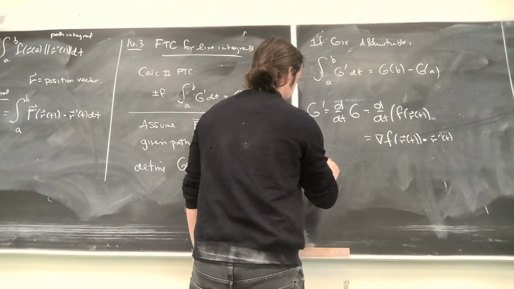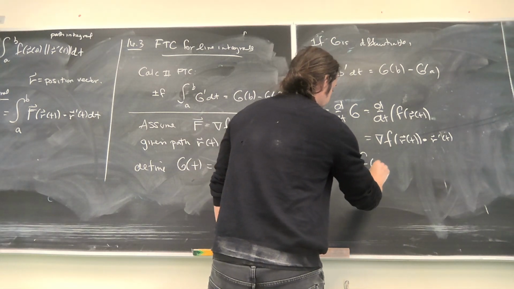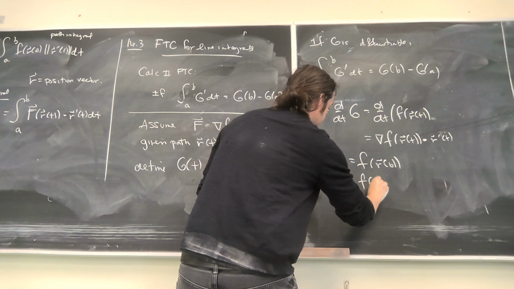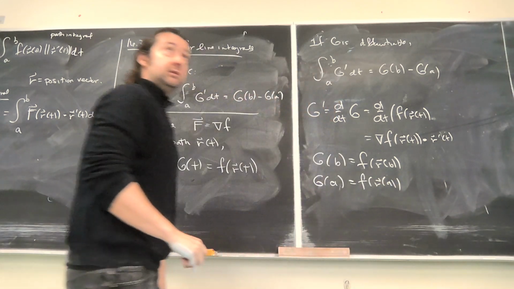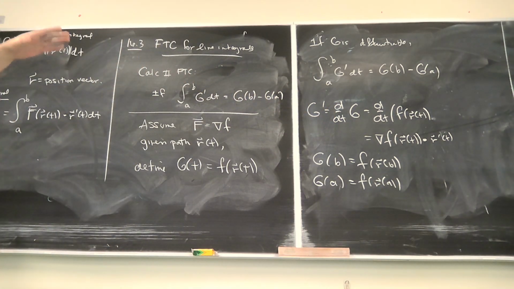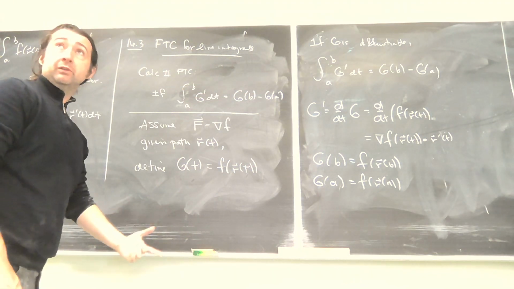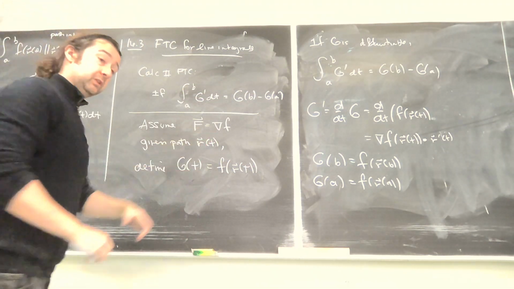On the other hand, g of b is equal to f of r of b, and g of a is f of r of a. And so the fundamental theorem of calculus from calculus 1 gives us a version that works for gradient fields.